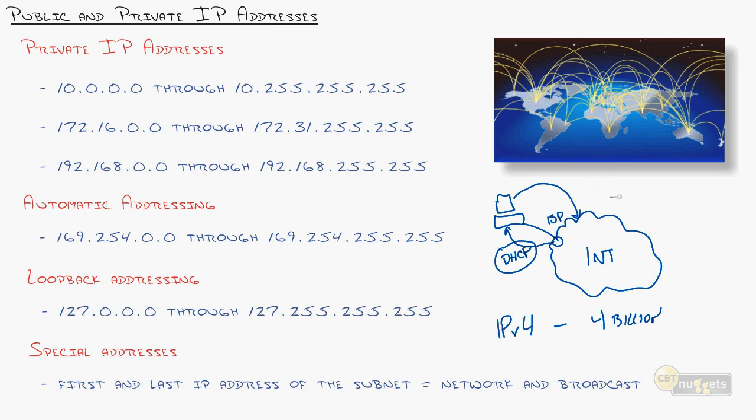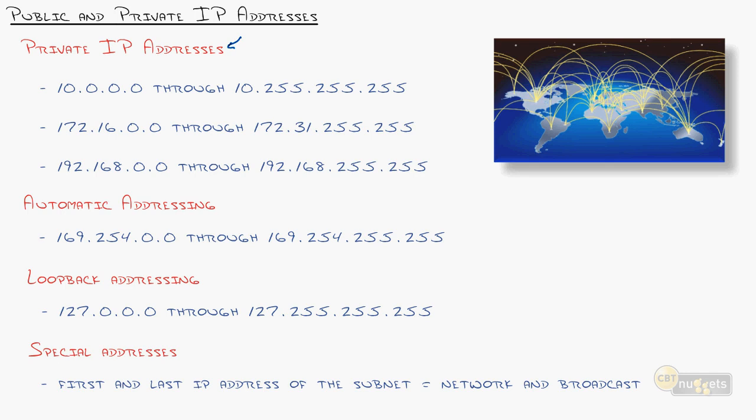So they came up with this idea of private IP addresses that allows people to assign addresses that are not usable on the internet. Now, there's a lot of misnomers about that I want to demystify, but let me first talk about the way this works. What you can do is inside of your company or inside of your house.